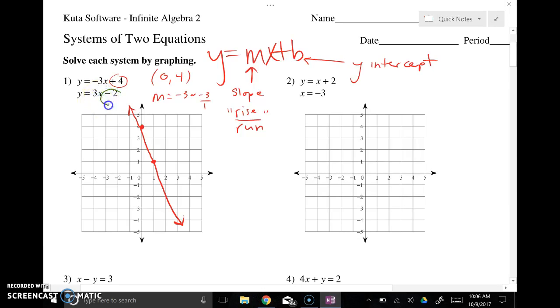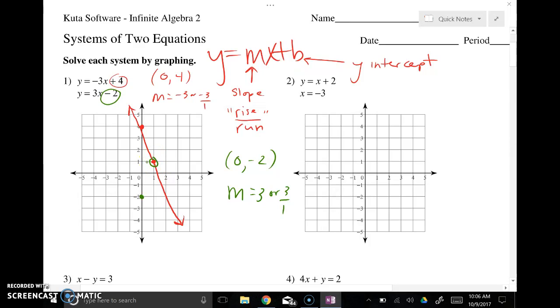So I'm going to graph this next equation, focusing here that my -2 is my y-intercept, so that's going to be (0, -2), or down 2 on the y-axis. Now I only need one more point, so I'm going to use my slope, where my slope is 3, or 3 over 1 for rise over run. So positive and positive means I'm going to go up 3, 1, 2, 3, and right 1.